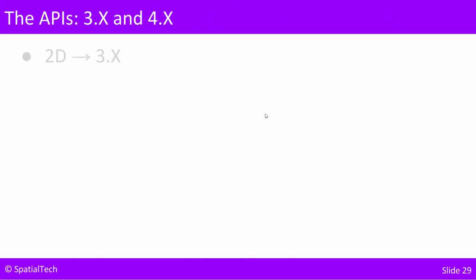A little note on the APIs. Again, I just want to drive this home officially. When you're doing 2D, you are using the 3.x JavaScript API. When you're doing 3D, you are using the 4.x. I say .x because they're always rolling out new versions of the API. Now the 4 version has not taken over the whole world yet because it can't do all of the editing that the 3 can do.